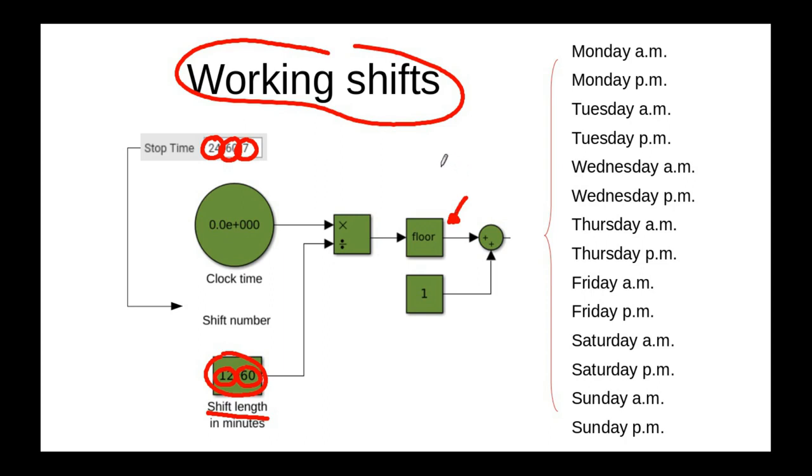Here I will have 0, 1, 2, 3 till 13. And at the end I add 1 in order to turn these numbers into 1, 2, 3 till 14. 1 will be Monday AM, 2 will be Monday PM, and so on until 14, which will be Sunday PM.